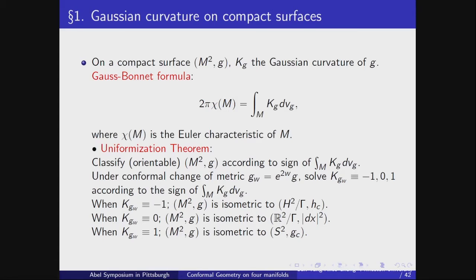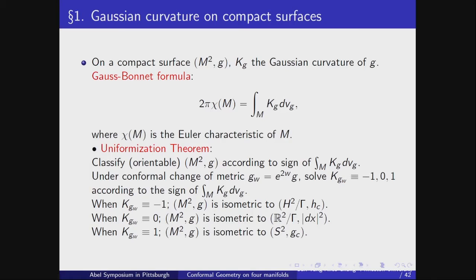And one theorem, the most famous theorem that comes from the Gauss-Bonnet formula, is called the uniformization theorem. That is, you can actually classify two surfaces according to not only the Gaussian curvature, but the sign of the integration of the Gaussian curvature. So that means the Euler characteristic already classifies the two surfaces. So what does that mean?